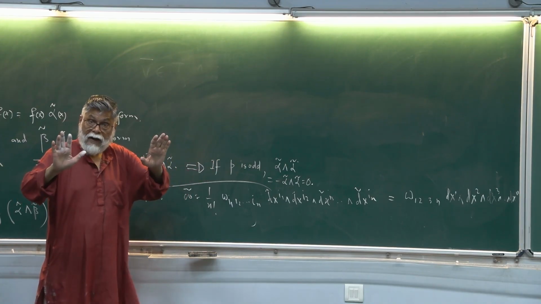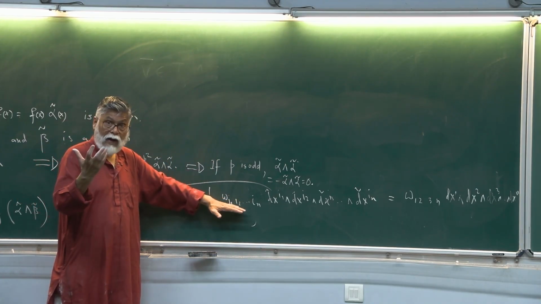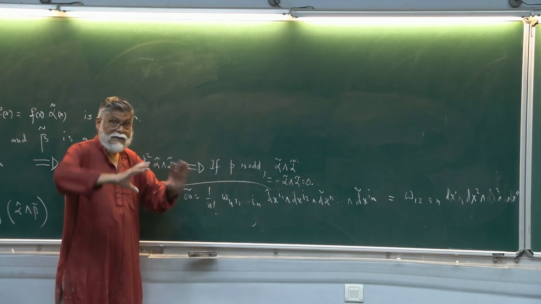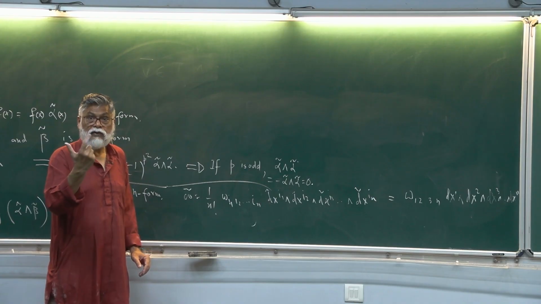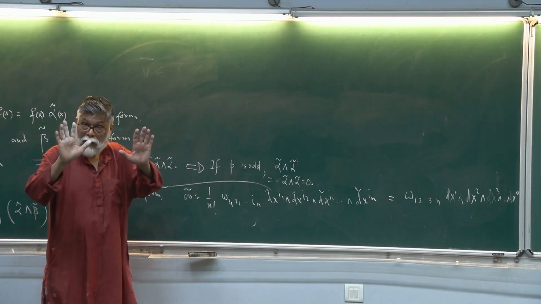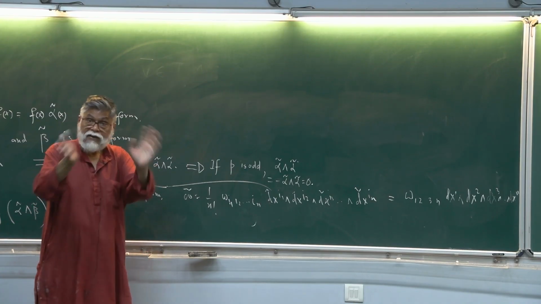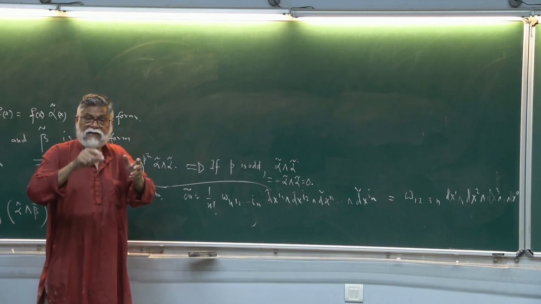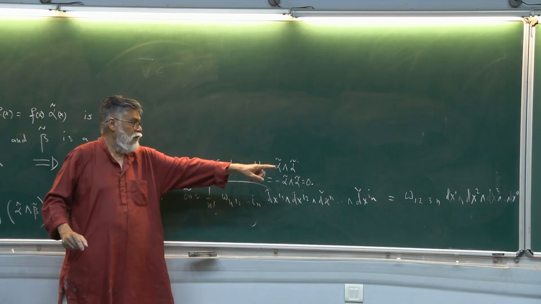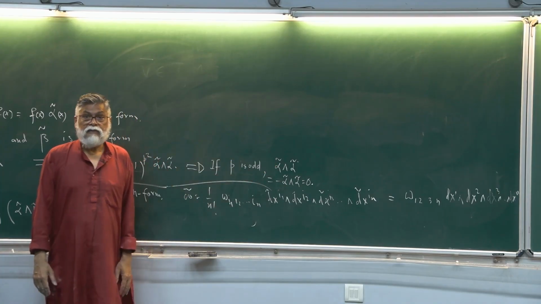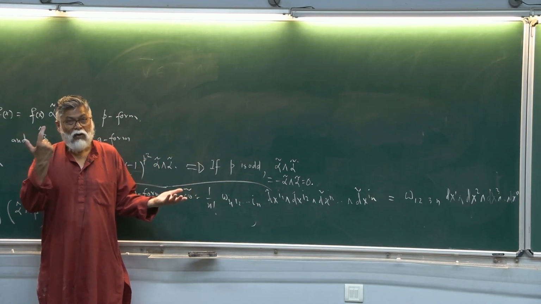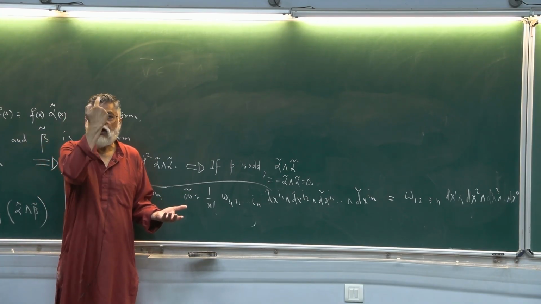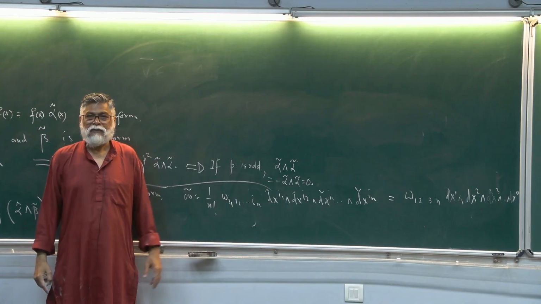So the only way you have a component which is non-zero is when I1, I2, up to In is a permutation of 1, 2, 3, up to n. Only a permutation. But because of antisymmetry, any permutation is either plus or minus omega 1, 2, 3, up to n. Okay. So therefore, algebraically, there is only one component which is non-zero.